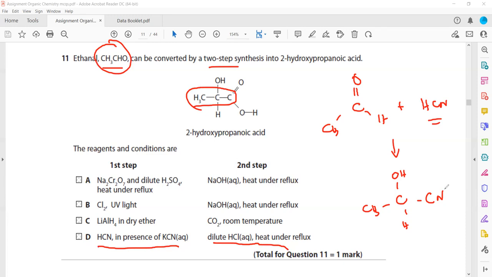So this nitrile group will convert into a carboxylic acid. So there will be C double bonded with O and OH. Like this group will be replaced by C double bonded with O and OH. So that's why D is the right answer.